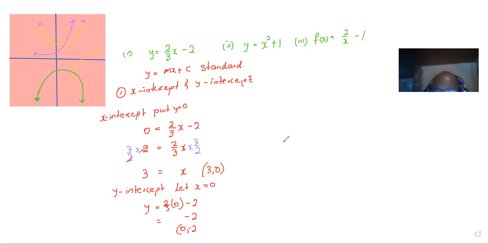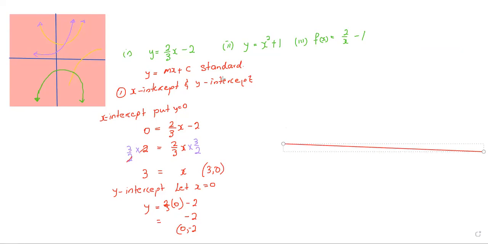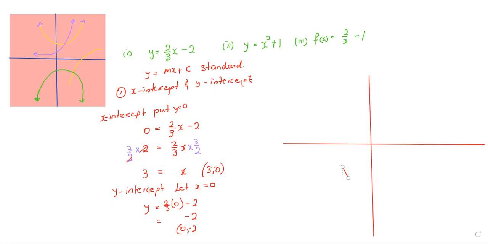We are going to draw this graph here, and we are going to label it. 1 is here, 2 there, 3 there, minus 1 here, minus 2 there, minus 3 there.